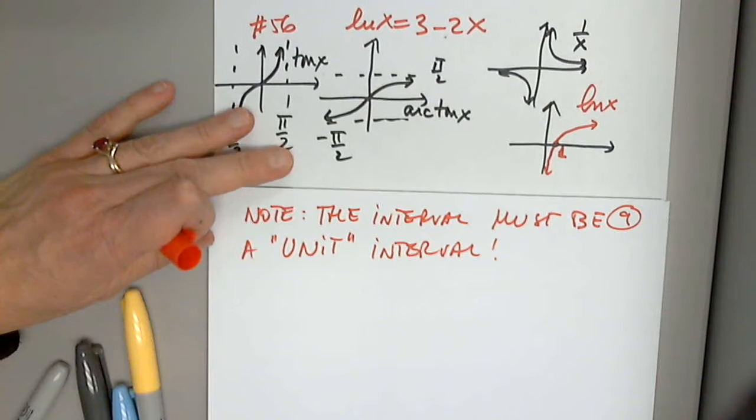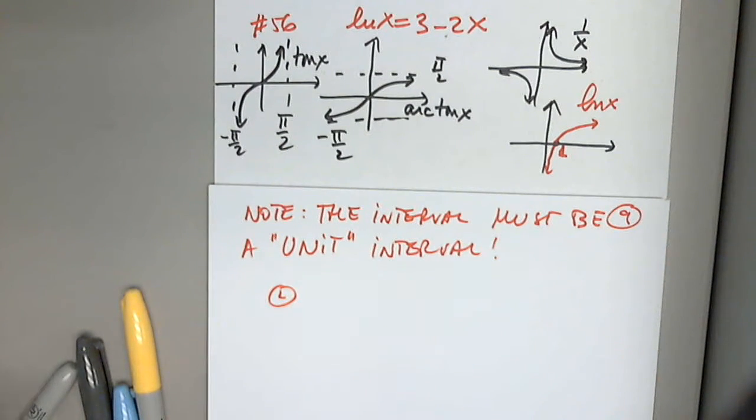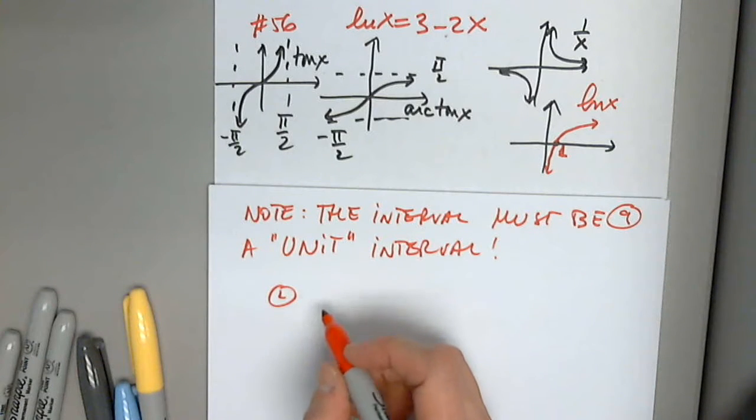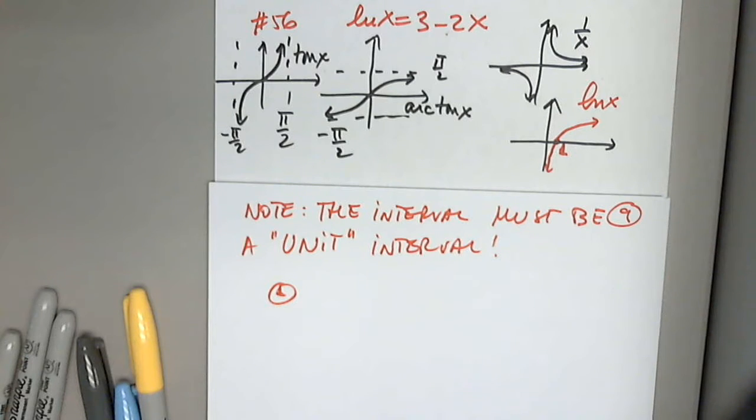So what will be the first step that I have to perform here to show that this equation has a solution? First step. Let's go back to the previous problem.